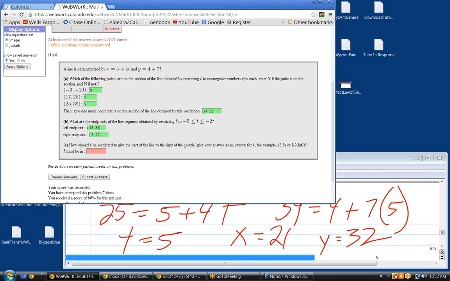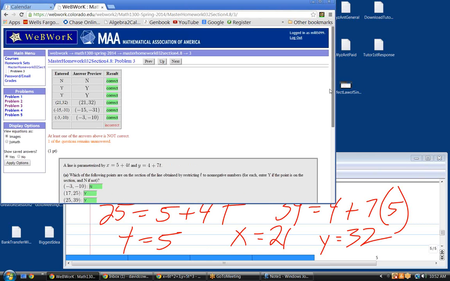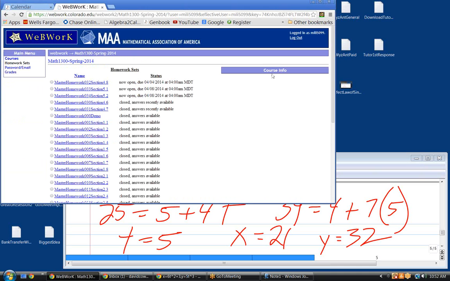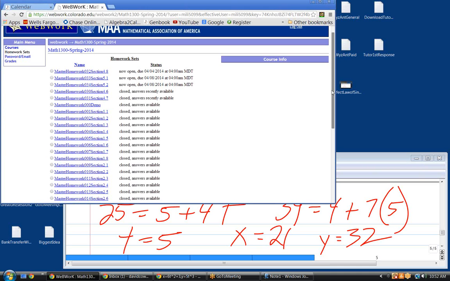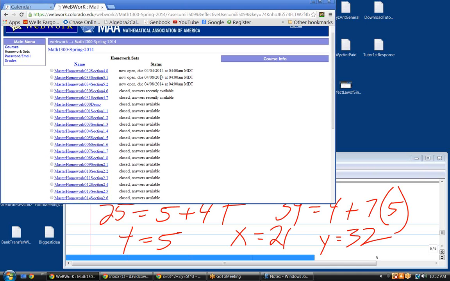All right, yeah, so I have to go to class, but scroll up really quick. Okay? And click on Math 1300 Spring 2014. Right here? That? Yeah. And then section 5.1 is what me and you will do next time.